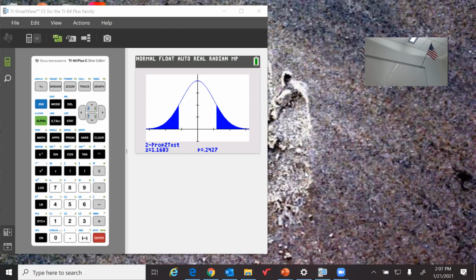The probability of getting a test statistic that we got, that or more extreme, that's why it's shaded, by chance alone had the null been true. So what happened? We compare that to the alpha level. 0.24 is higher than 5%.